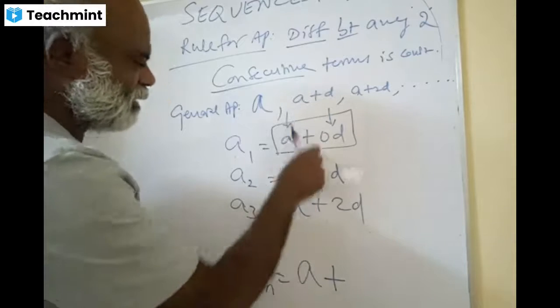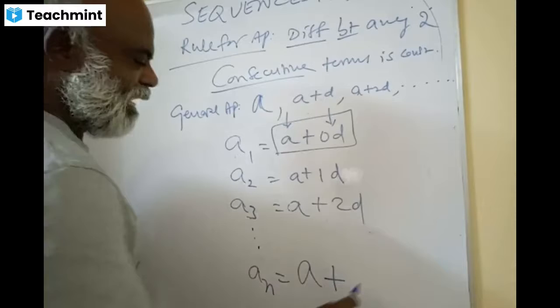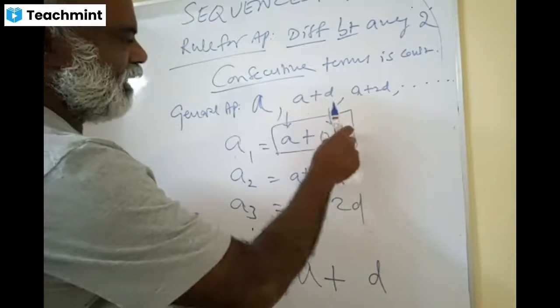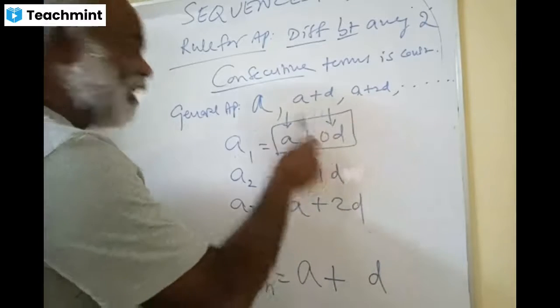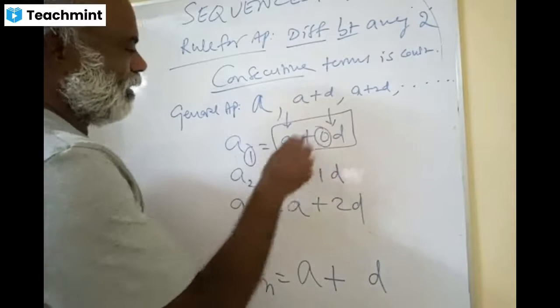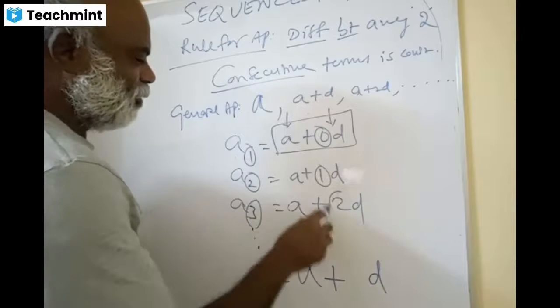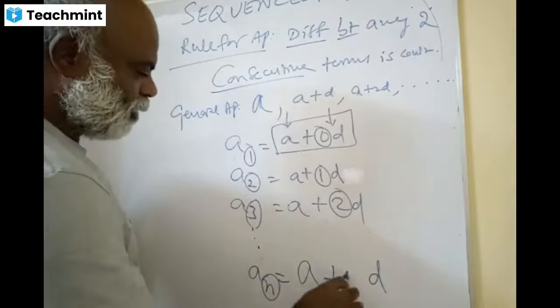But d is also constant; the coefficient of d is not constant. If there is A1, it is 0; A2, 1; A3, 2; for An, what should you get?